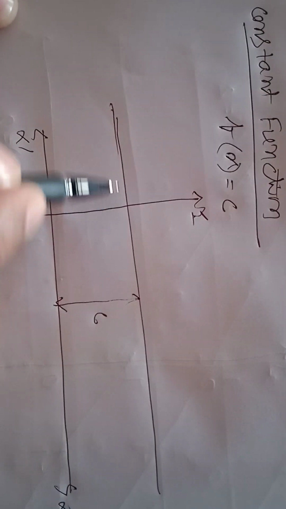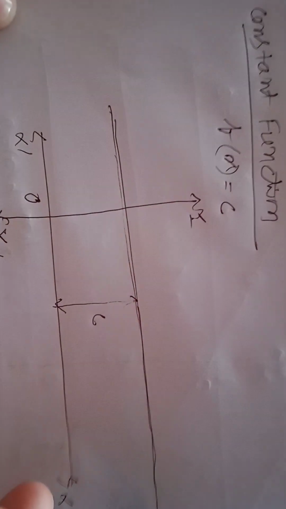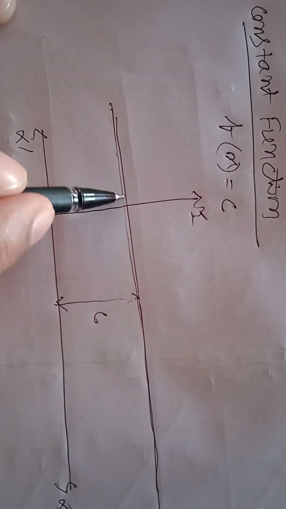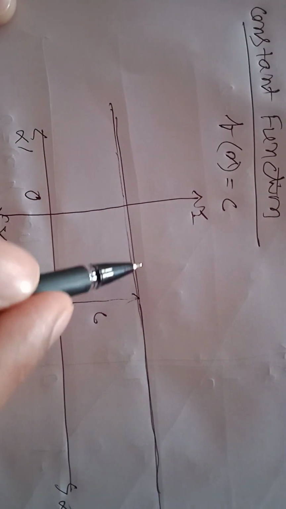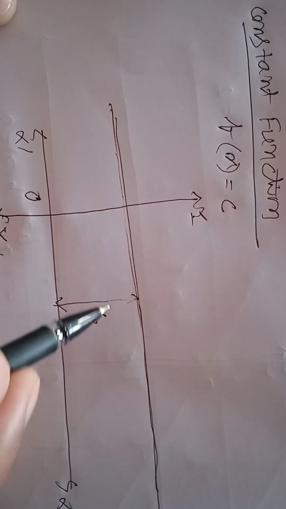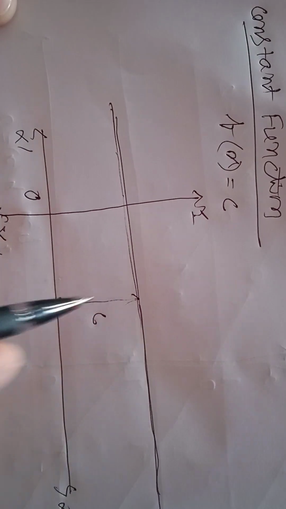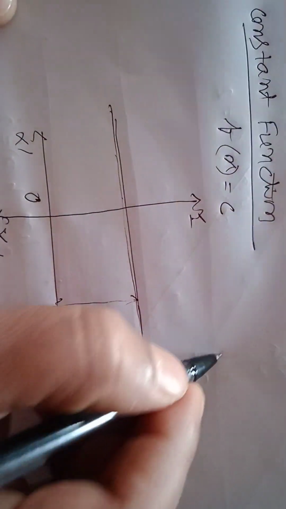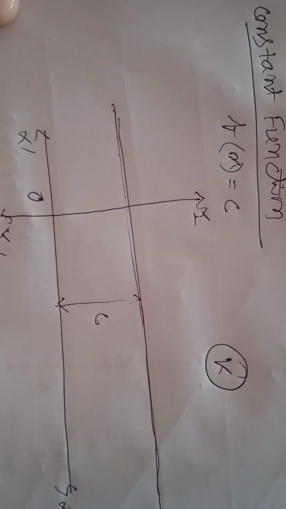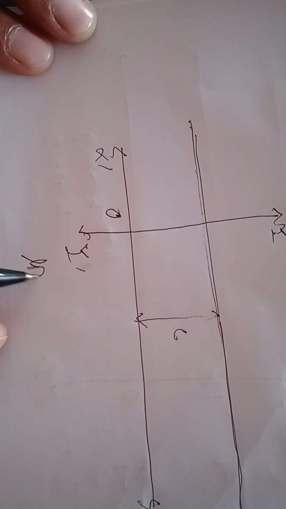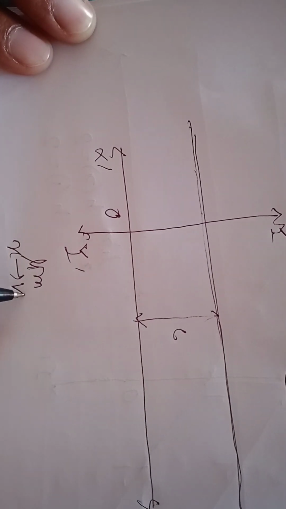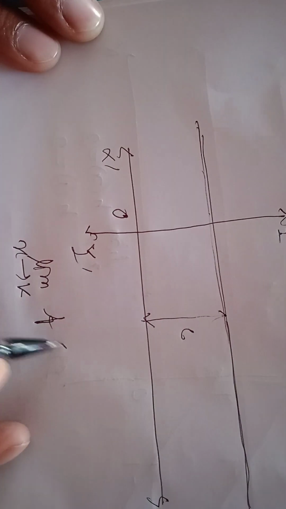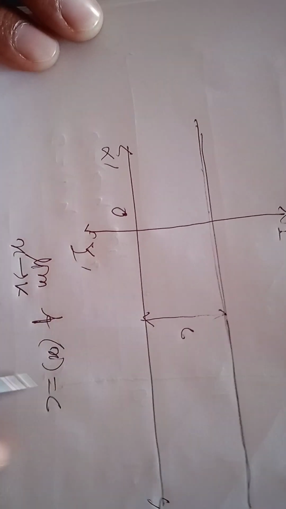So this function is always parallel to the x-axis. So at any point, the value is always c, the same. Suppose k is any real number. Then we can say that the limit as x tends to k of f(x) equals c.